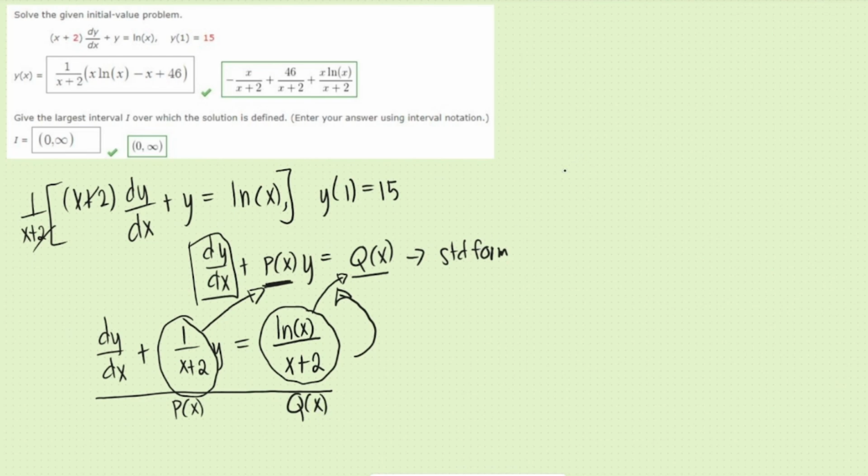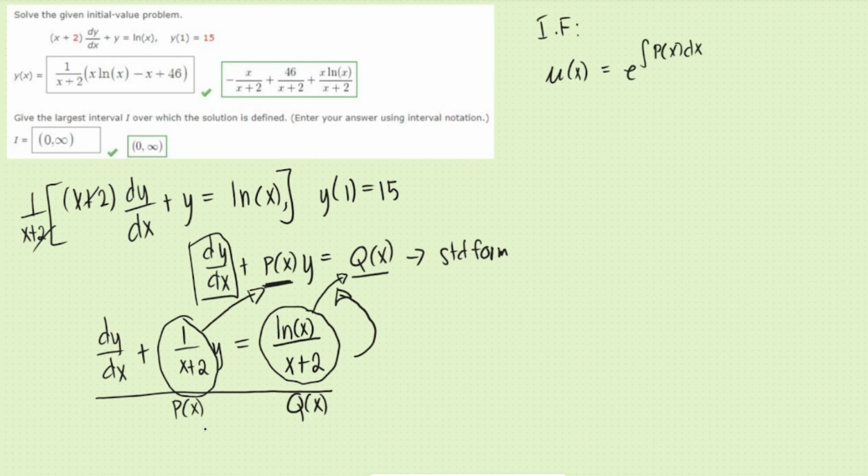The next thing is we will find the integrating factor that we'll multiply to both sides of the equation, so that we can isolate y and solve for the solution. The formula for the integrating factor, mu of x, is equal to e to the integral of p of x dx.